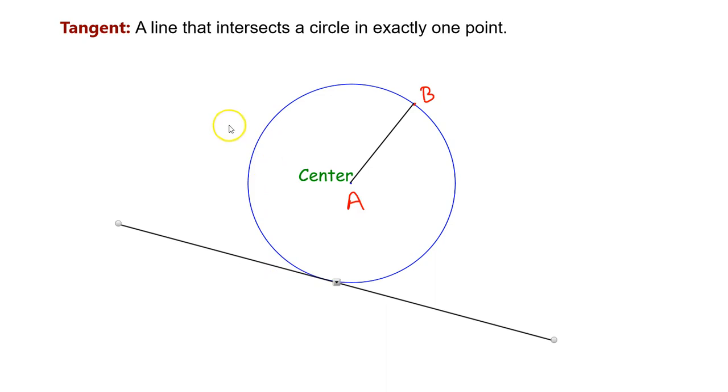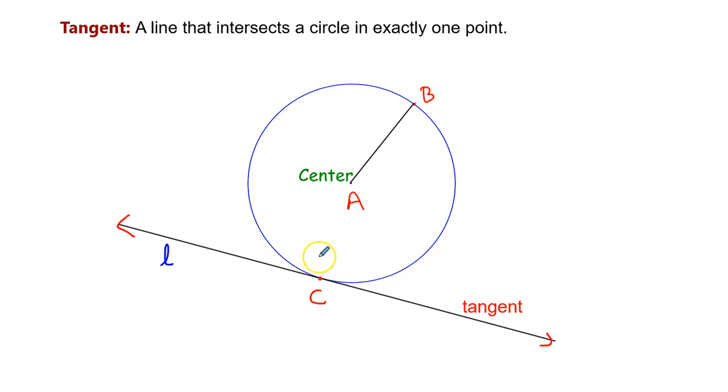When it touches at one particular point, let me call that point C. C is the point of contact between this line and the circle. So we can call this particular line a tangent. If we name this line as L, L is a tangent to the given circle.